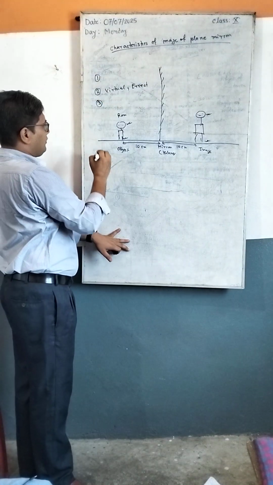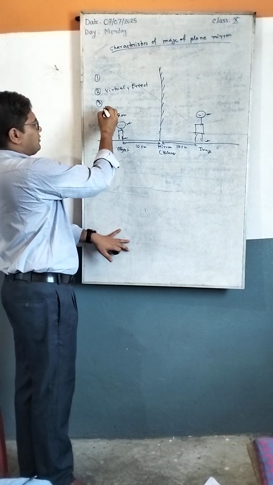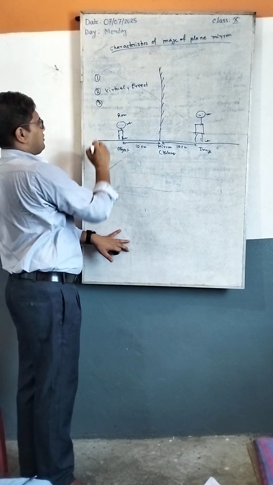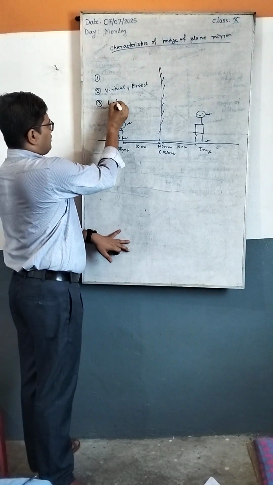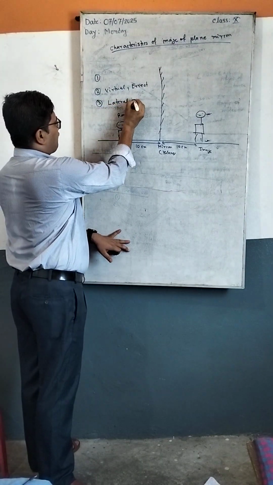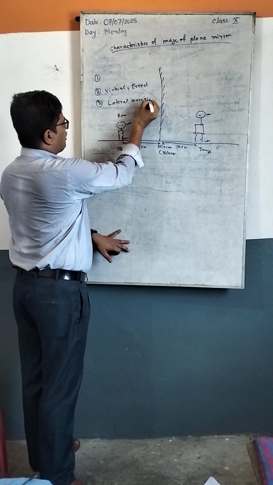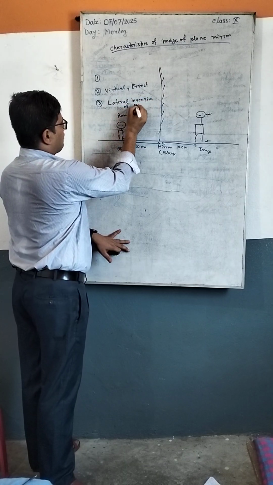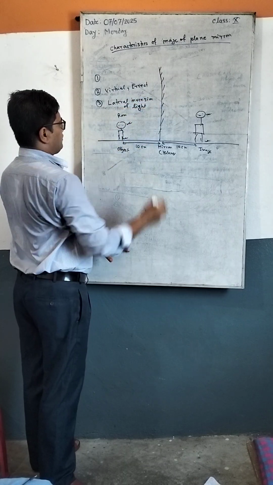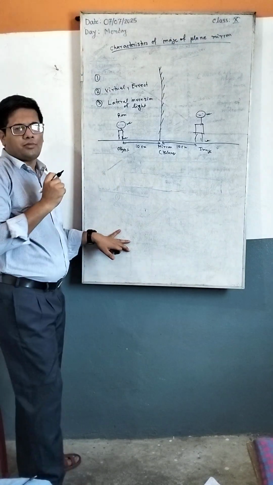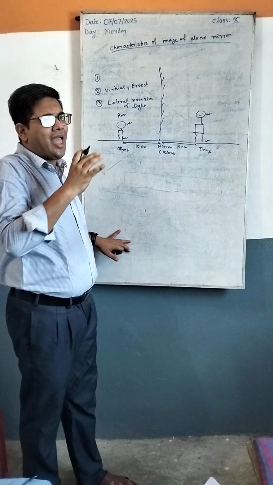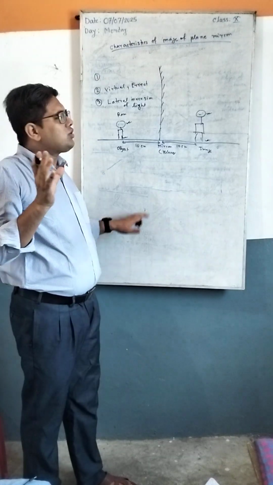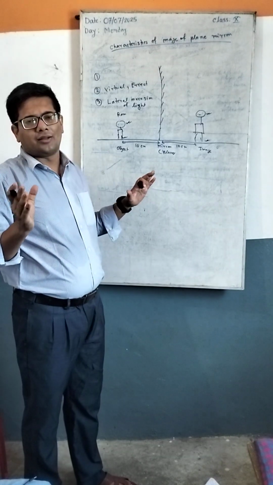Third, lateral inversion of light. What is lateral inversion? It is a natural phenomenon. Any object has two sides, left side and right side.